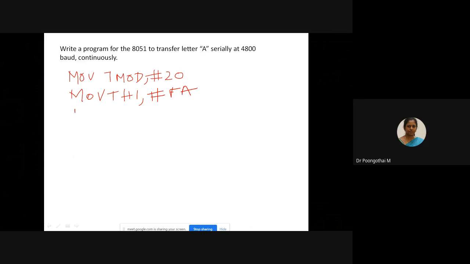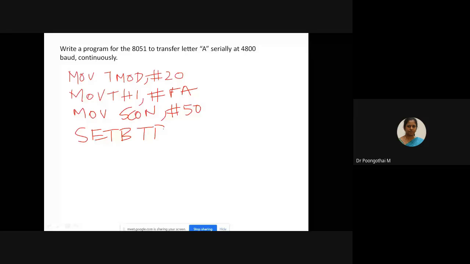So next step, move SCON, #50. So all the values are initialized. Next, we have to start the timer. Set bit TR1. And what is the next step? We have to load the character into the SBUF register to initiate the data transfer.